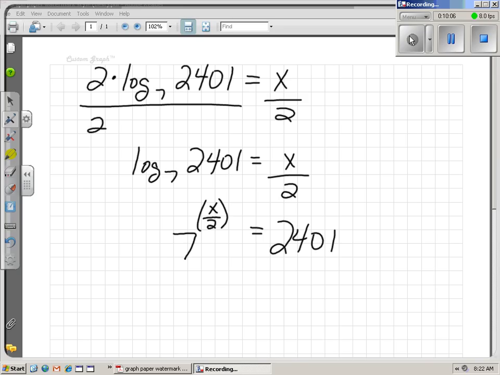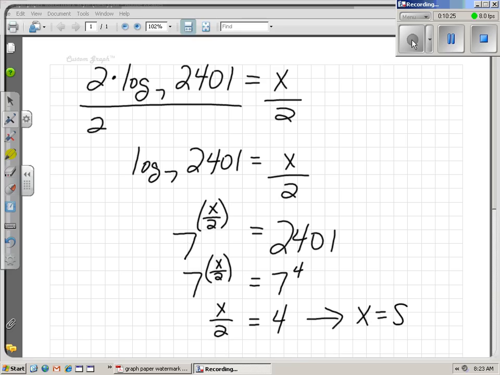Well, I would like my bases to look the same, so can I write 2,401 as a power of 7? Well, that's 7 to the 4th. So now I have 7 to the x over 2 equals 7 to the 4th. Since 7 equals 7, that means x over 2 must equal 4. And I finish solving, and x must be 8.